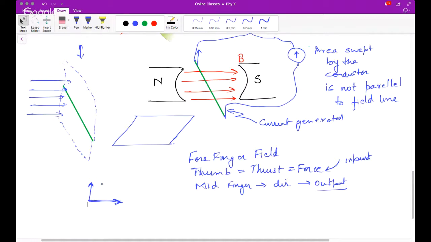So hence, the middle finger will be pointing towards this direction. So this is forefinger, this is thumb, and this is middle finger. So hence, automatically we now know the current direction is this.